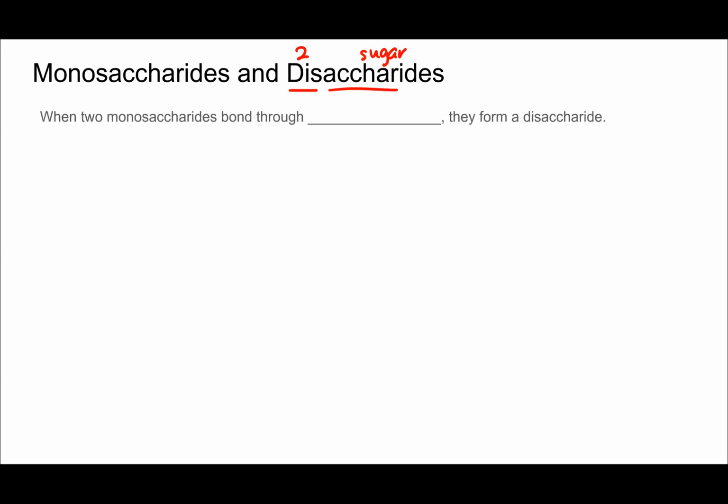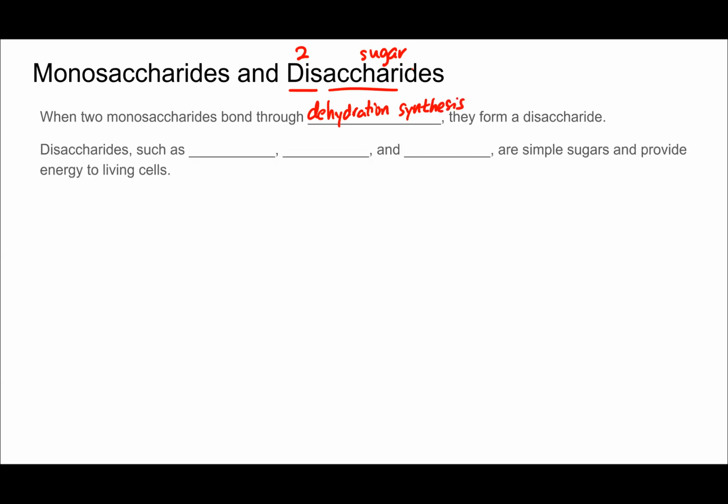Next, disaccharide. Di means two, saccharide means sugar, so you need two monosaccharides. When two monosaccharides bond together through the process of dehydration synthesis, they form a disaccharide. Disaccharides include, for example, lactose, sucrose, and maltose.